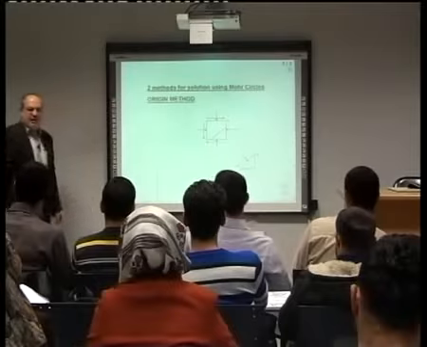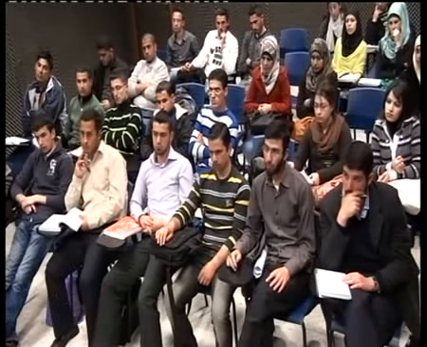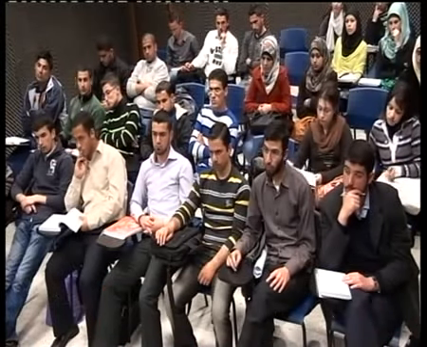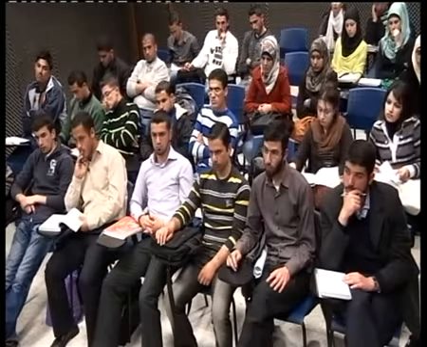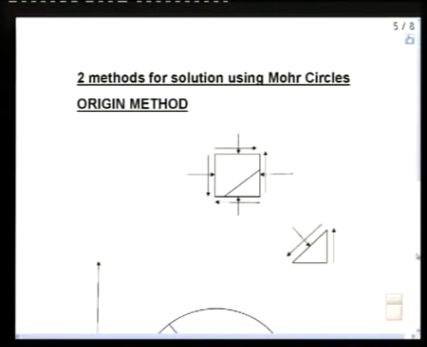We said that there are two methods to solve these four equations using Mohr circle, right? One is the origin method. Origin means the center of the circle.